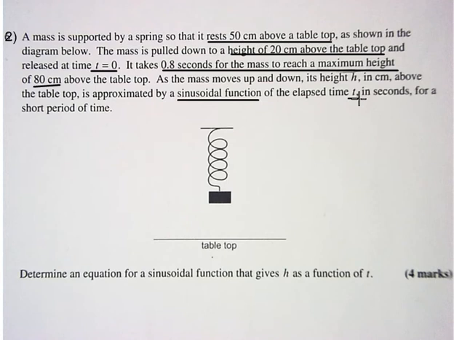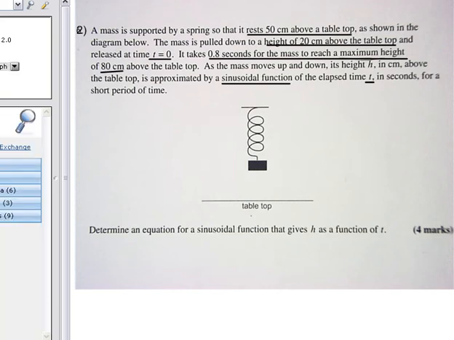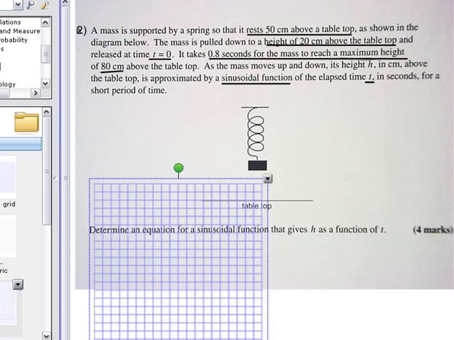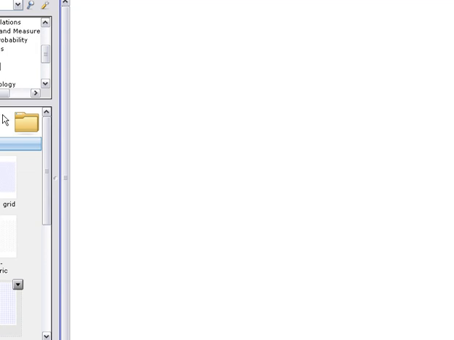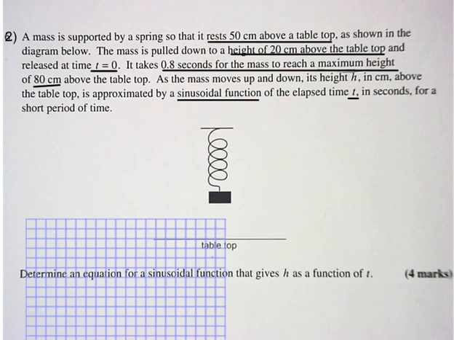So what we'll need to do is graph this relationship. So on a piece of graph paper, let's go get some graph paper. Okay, on your graph paper, let's label the x and y axis.